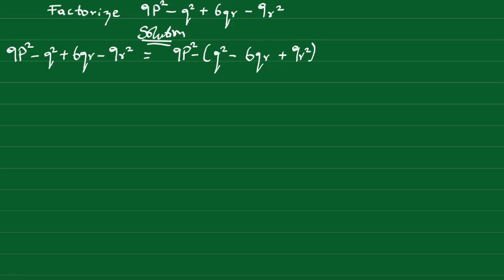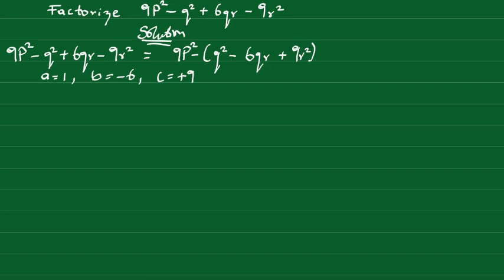Next, having done this, we take note of the following. The part of our expression that we've grouped as a trinomial, we have A, the coefficient of q squared, as equal to 1. We have B as equal to minus 6. And we have C as equal to plus 9. Now, since A is equal to 1, there's no need for us to look for the value of AC.